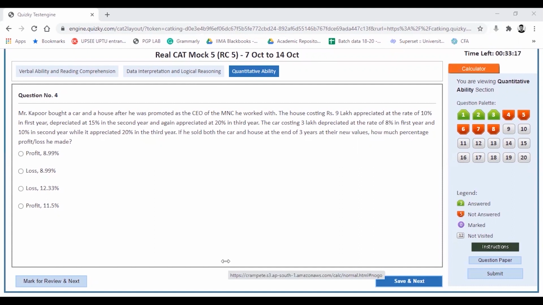What I get is 1.122 into 9. Okay, 10.098. Okay, great. I remember this value 10.098. Rather, let me write it.